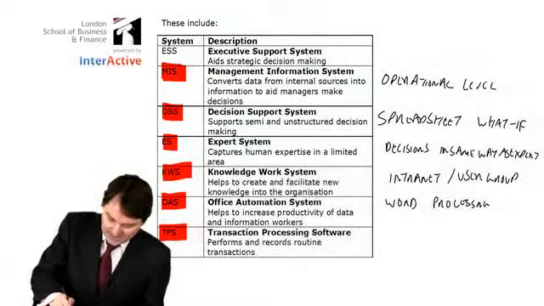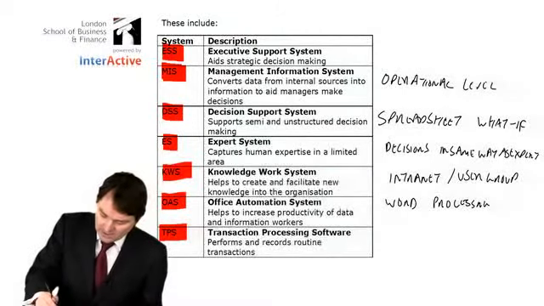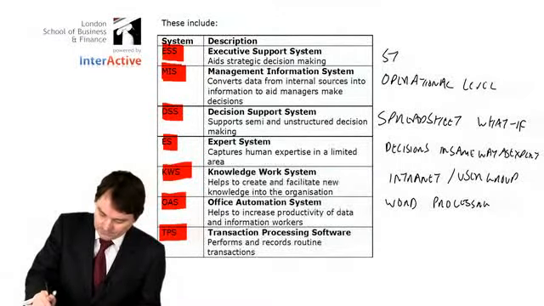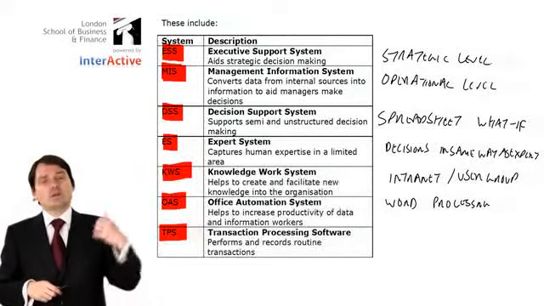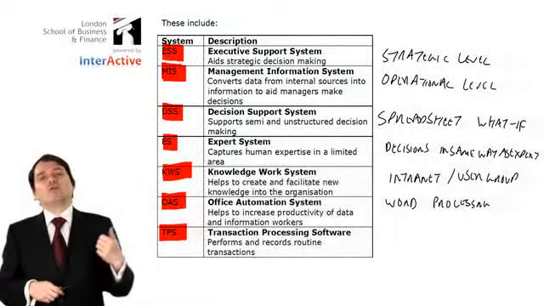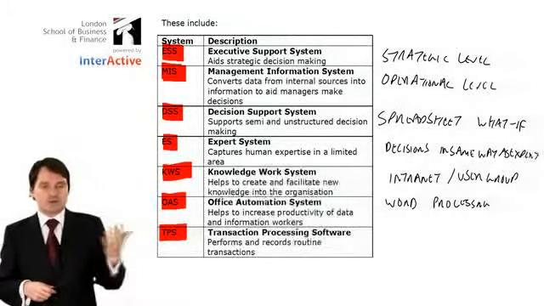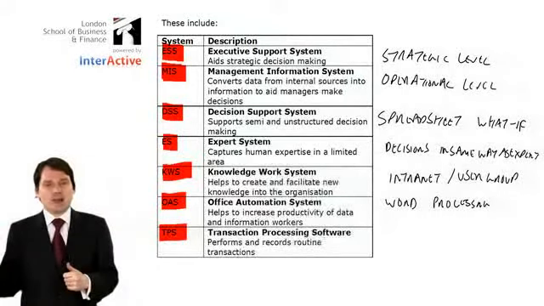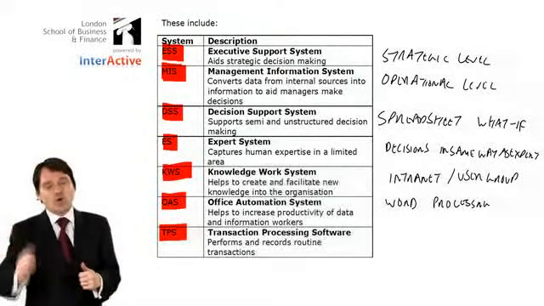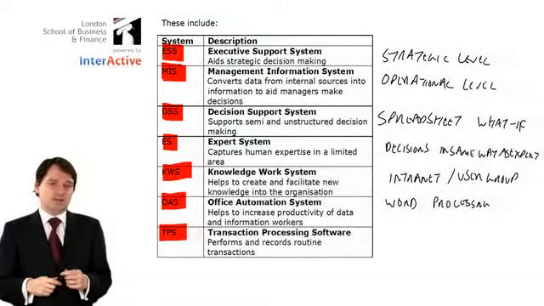Final one we've got, ESSs. They are talking about the strategic level. Again, when we're talking about Anthony, they are often looking a long time ahead. They are often looking at things that are uncertain because we're talking about the future. They don't happen that often. Those often use external pieces of information.